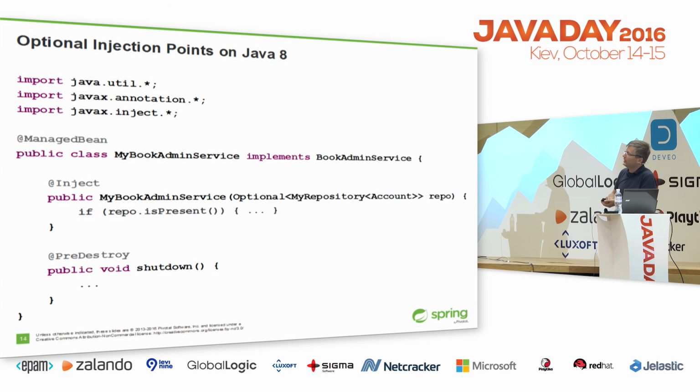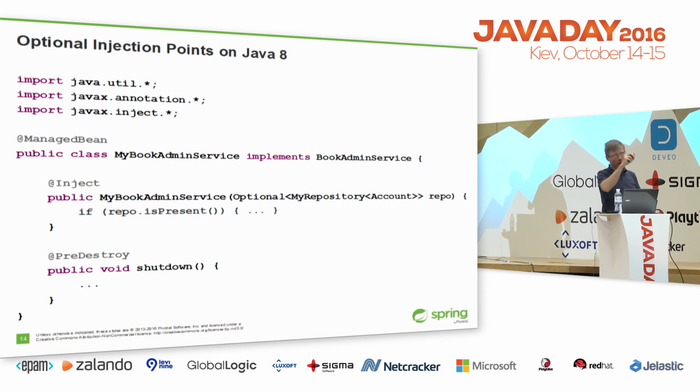This is a syntactic variant, but there's optionality implied. It's not just passing an Optional object in. It's also understanding the optionality, because by default, if you declare a regular bean definition, a regular injection point declaration, we insist on that target bean being resolvable. You're going to get an exception otherwise.